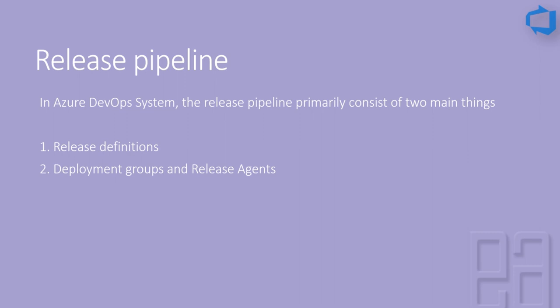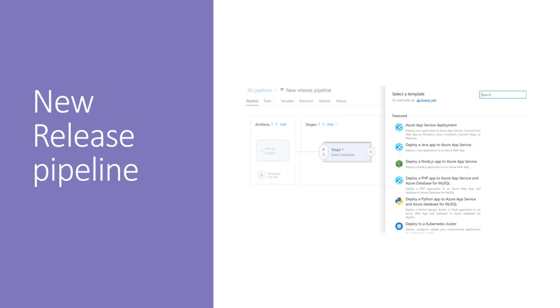And again, for any given CI/CD system in the Azure DevOps service, you need to have two agents. One is the build agent and the next one is the release agent. We already talked about the build agent, and this is the release agent that we'll be talking about in this particular section. While creating a new release pipeline, you can see that the UI is going to look something like this.